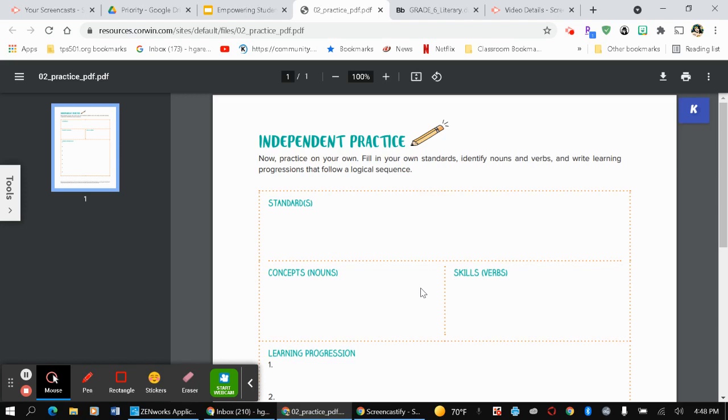We feel like that will give us an understanding of their knowledge of text structure and why an author chooses that, and how a particular section is going to contribute to the development of ideas.